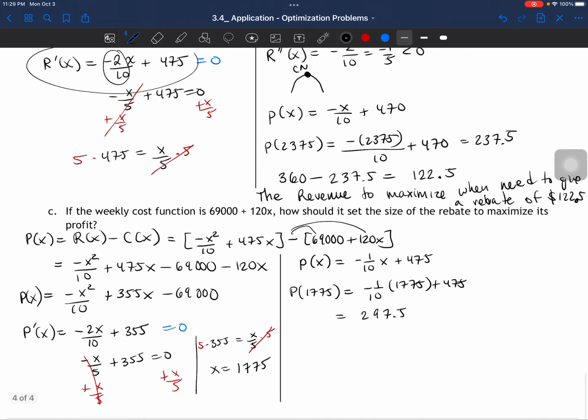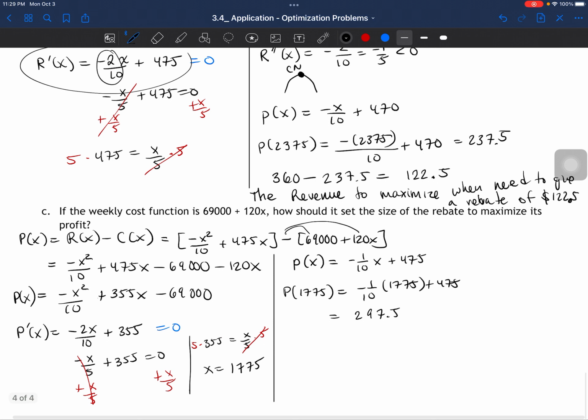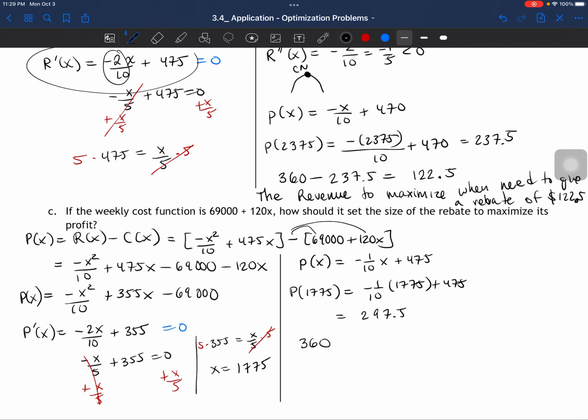And that's the price that will give us maximum profit, but we need to see what's the size of the rebate. So to do that, we're going to take the original price and subtract this new price, and this will give us $62.50.